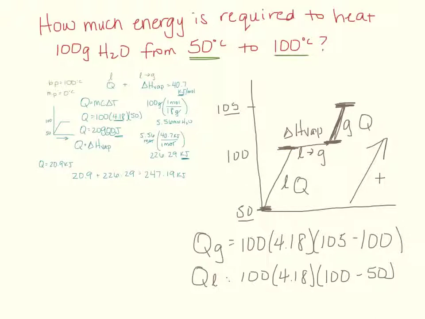For my liquid phase, my initial temperature is 50, my final temperature is 100. My temperature change is always final minus initial, so 100 minus 50. Just be careful. You don't want to take your 105 minus 50. That's incorrect. You need to take it in pieces.